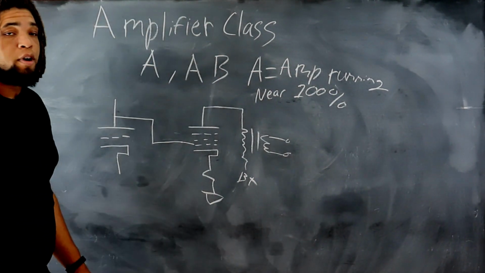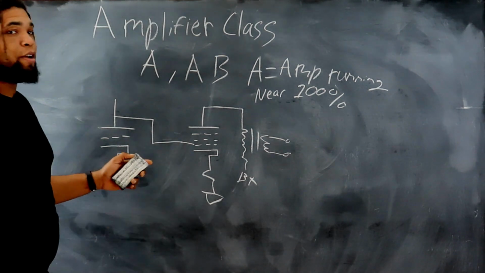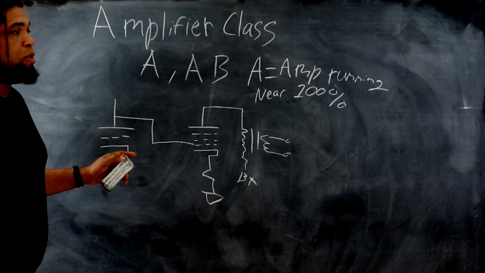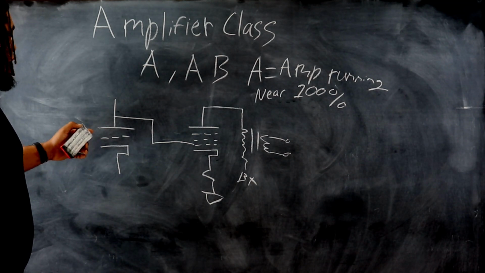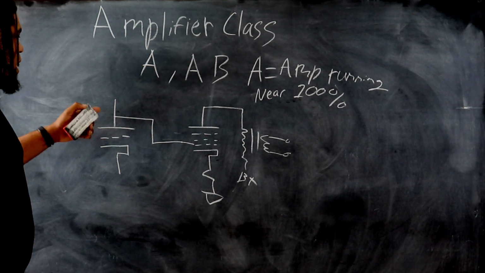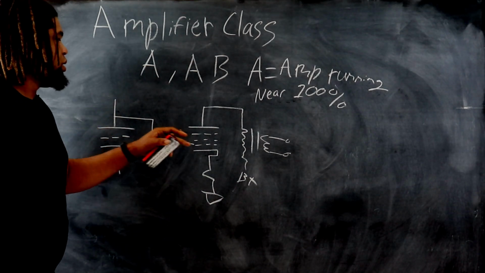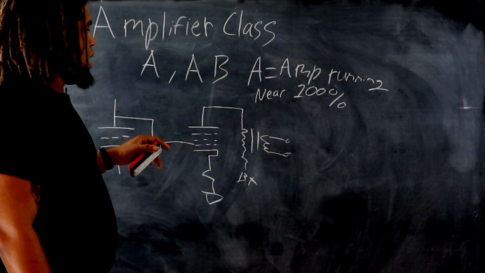That means that the amplifier is running all the time, whether or not there is any signal being applied at the input. And even in the event that there's any signal there, how small or large doesn't matter. This thing is always conducting almost near 100%.